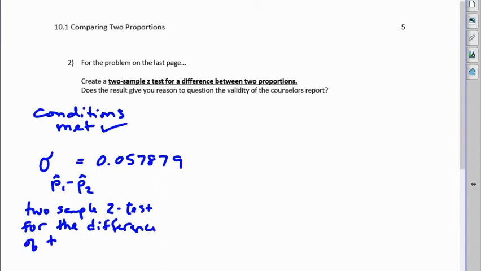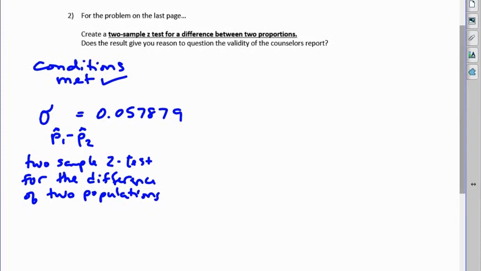Now, let's say that our initial thought about these two populations was that that's what we think is really true about the populations. That is not 0.